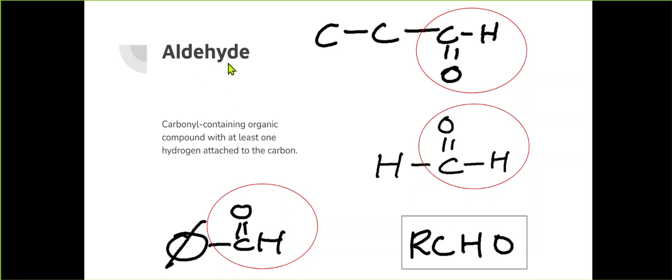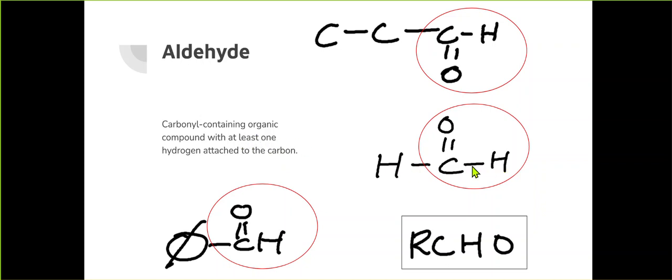So just like the OH is a hydroxy group, the C double bond O is called a carbonyl group. An aldehyde is a carbonyl containing organic compound with at least one hydrogen attached to the carbon. And notice it says at least one.